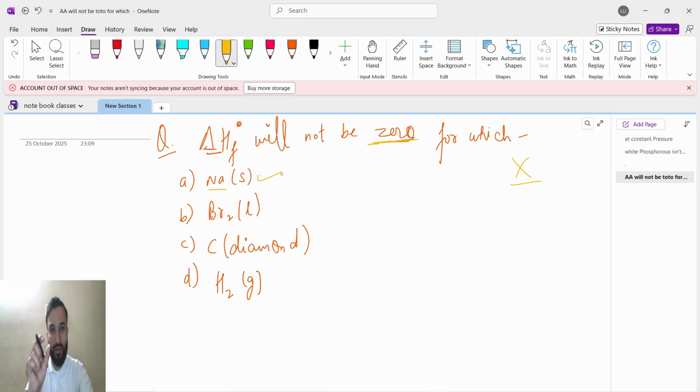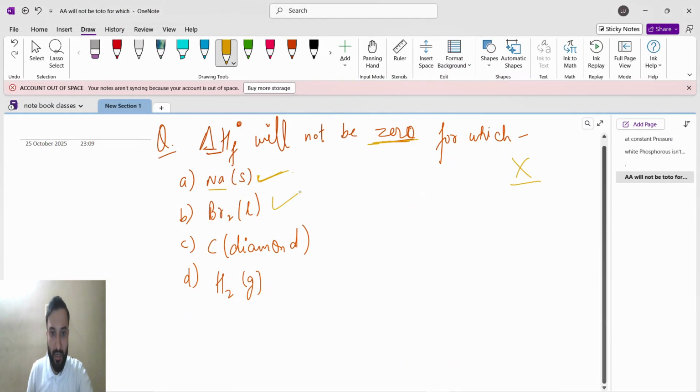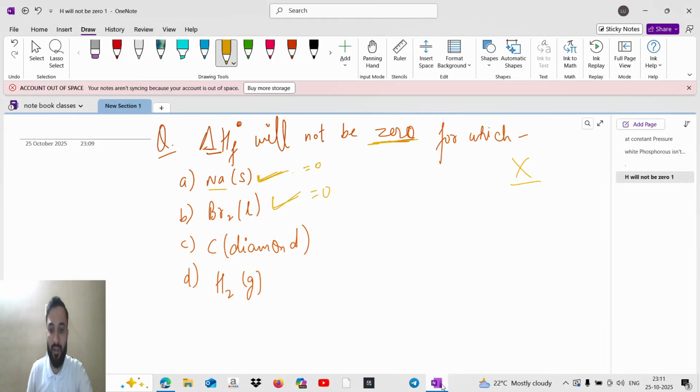Sodium, we know, is soft and solid, so it can be cut with a knife. So sodium's standard form is solid. Bromine is a liquid, so it is in its standard form, which means its value is 0. Now hydrogen. Hydrogen, obviously, guys. H2 means what?